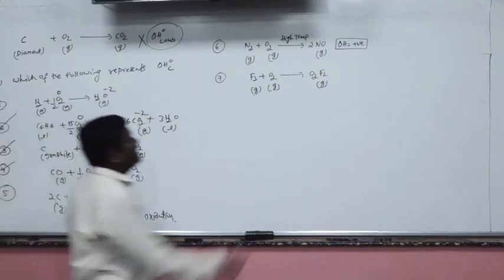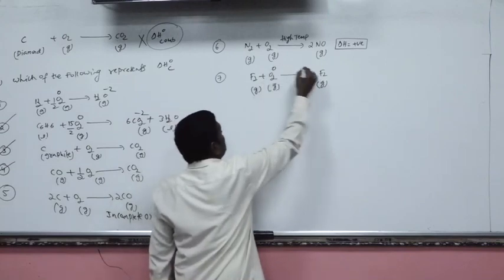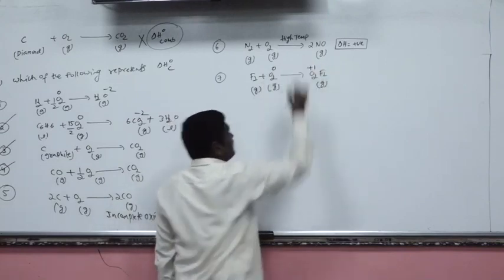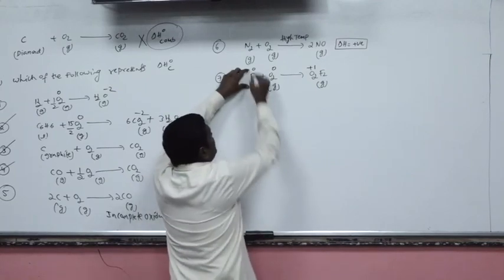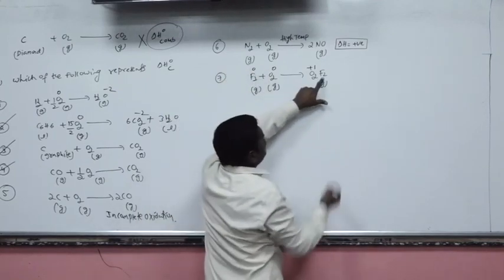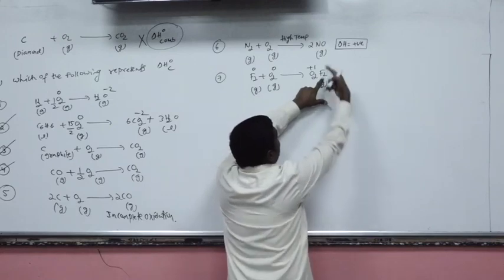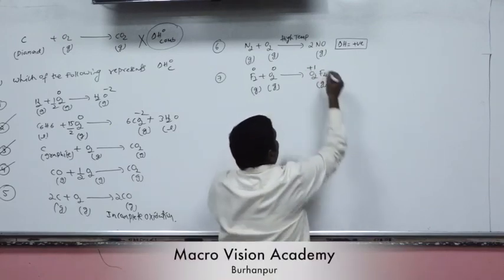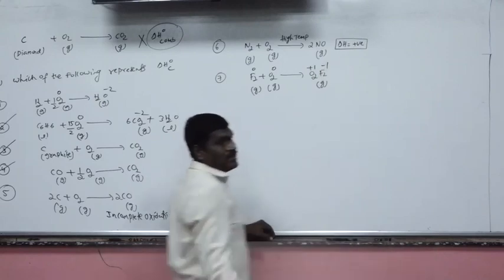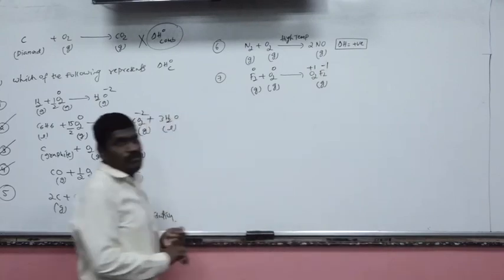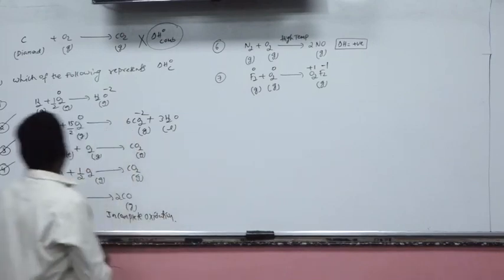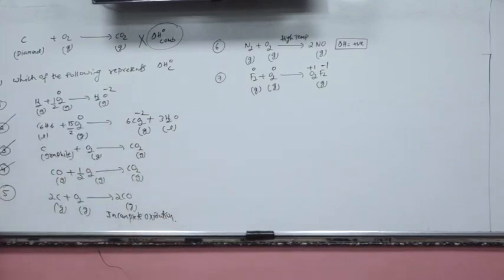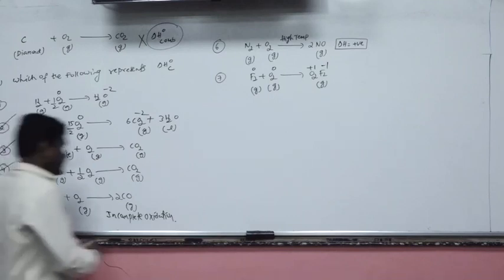But here oxygen goes from 0 to +1, because fluorine is the most electronegative element whose oxidation number is -1. So 2 fluorines are there, -1 for each fluorine, so each oxygen is +1. This is very important. So this is not considered a combustion reaction. So our options are the second one, third one, fourth one, isn't it?